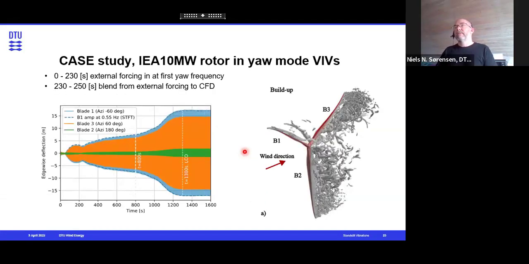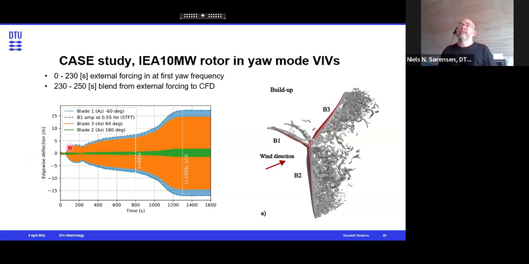If we look at what happens, we have blade 1 pointing into the wind, blade 2 along the tower, and blade 3 having the tip in the direction of the downgoing wind.